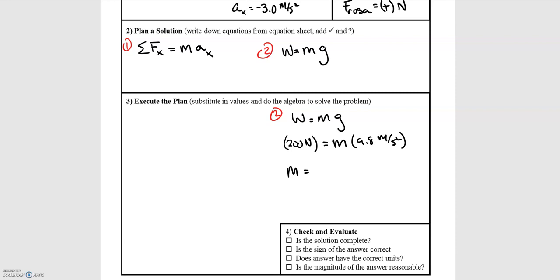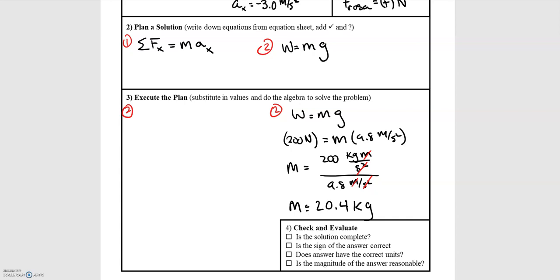Mass is equal to 200 newtons, which is kilograms meters per second squared, divided by 9.8 meters per second squared. And plugging that into your calculator and canceling units, we're left with kilograms as we expect and a mass of 20.4 kilograms.